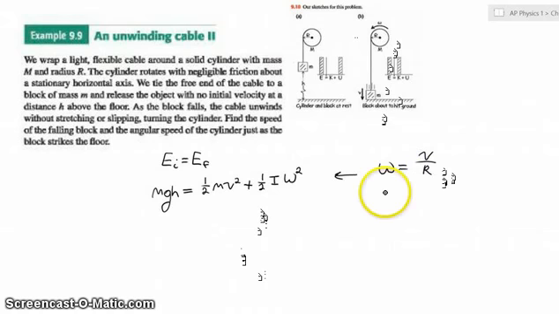We also know that the moment of inertia of a cylinder, and this is a solid cylinder, is going to be 1/2 the mass times the radius squared.